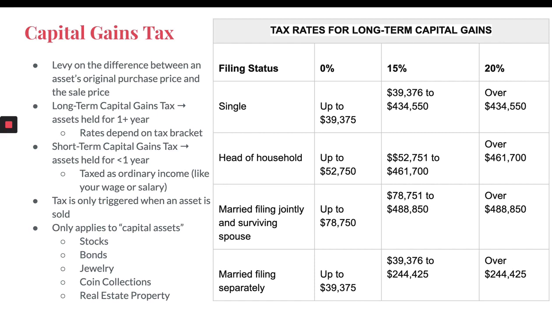If you have capital gains of 10 grand, you would fall into that 0% range. And if you have capital gains of 500 grand, you would fall into that 20% rate. The tax is only triggered when an asset is sold, and it only applies to capital assets, which are stocks, bonds, jewelry, coin collections, real estate property.